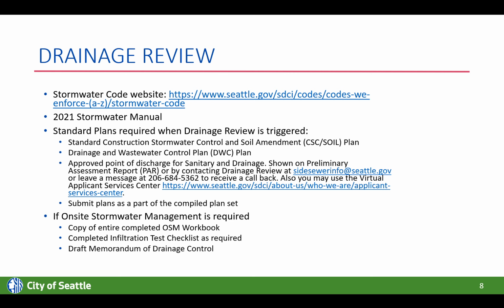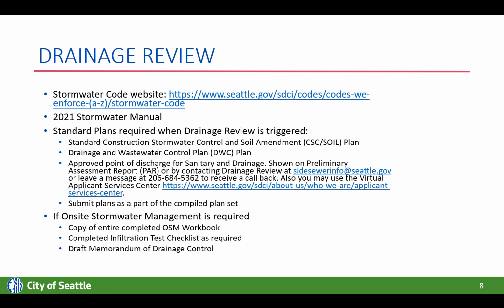Approved points of discharge for sanitary and drainage are provided in the preliminary assessment report, or the PAR. Or again, you can contact Drainage Review directly at sidesewerinfo@seattle.gov or by phone at 206-684-5362.